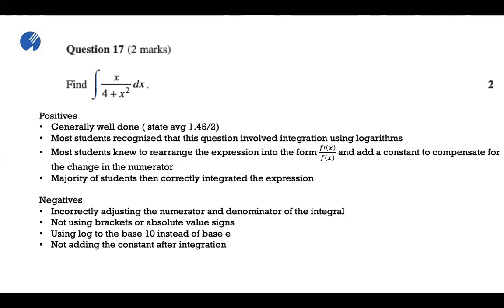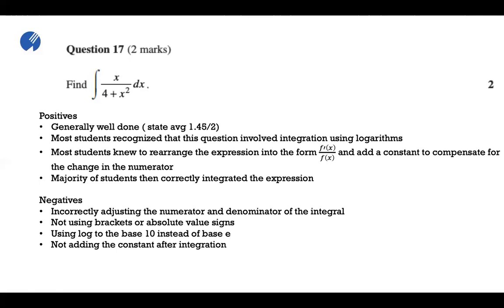Some students, when they integrated, didn't use brackets, so they just had log and then 4 plus x squared, and you had to have brackets or absolute value signs. There was a bit of confusion as to whether it was log to the base 10 or log to the base e, but basically if you indicated it was log, we're assuming that you knew what was right.